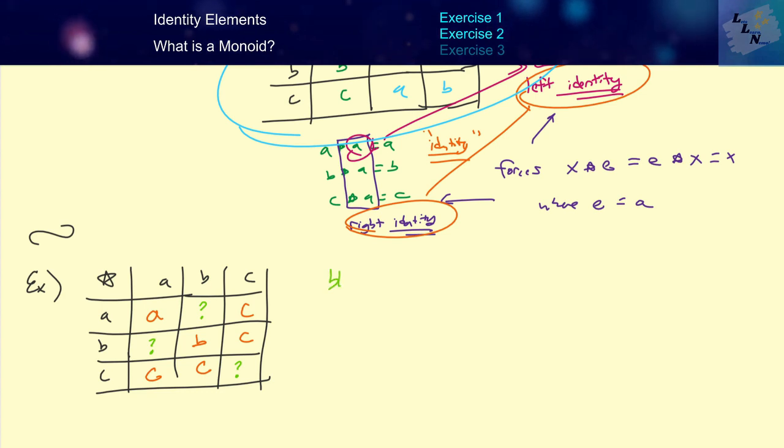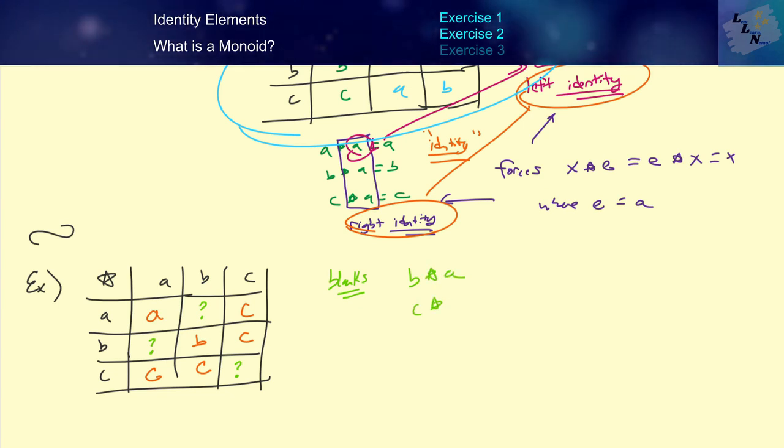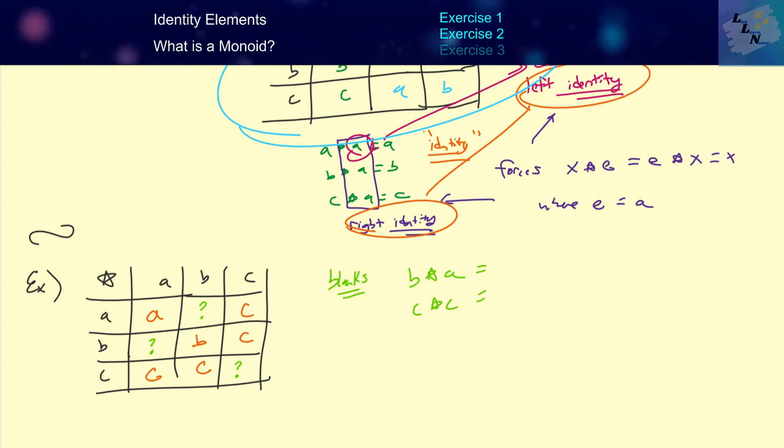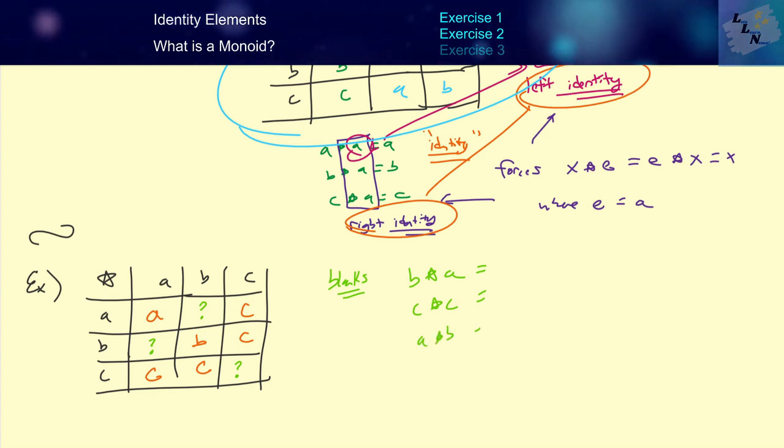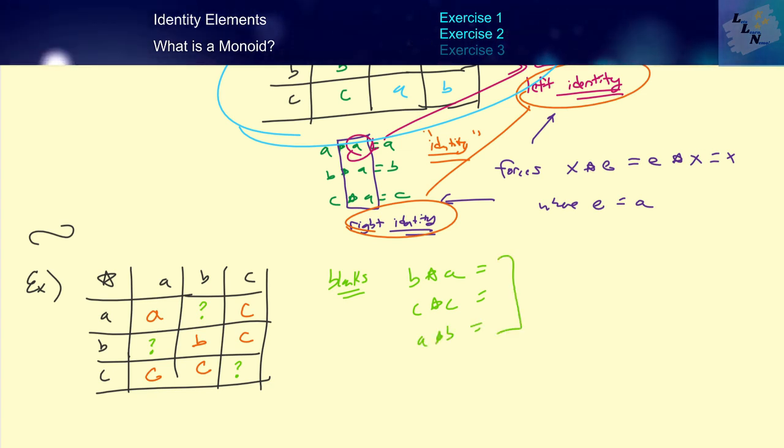So if we have blanks in this operation table, for example, B star A and C star C, and somebody asks you, well, what is B star A equal to? What is C star C equal to? And what is A star B equal to? So the answer to all of these is undefined, right?